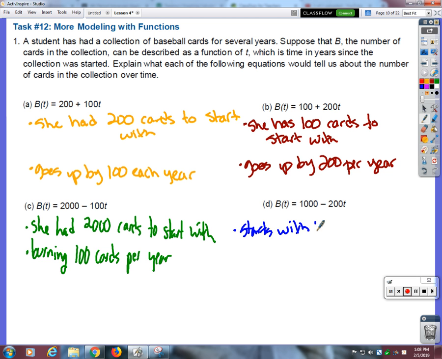All right, starts with 1,000 cards, gets rid of 200 per year. Okay? Easy peasy, yeah?